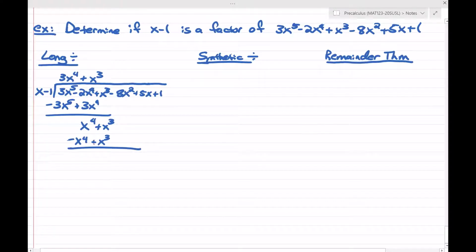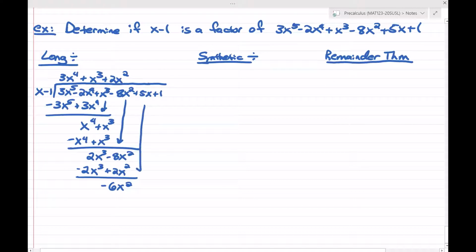Again, we'll subtract those. So we get 2x to the third minus 8x squared. We're just bringing down these terms. X times 2x squared gives us 2x to the third minus 2x squared, which we have to subtract. And this would be negative 6x squared. Bring down the 5x.